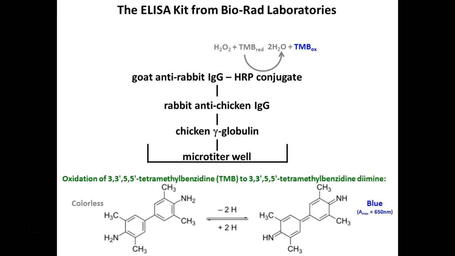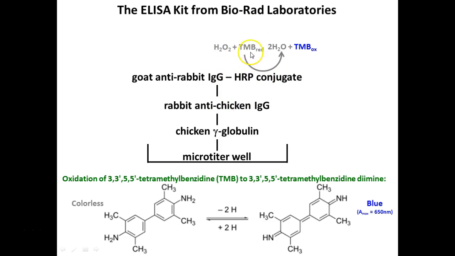Okay, so the actual reagents we're using: we're using a chicken antibody, and then they injected those chicken antibodies into a rabbit. So a rabbit actually made antibodies against the chicken, and then they took the rabbit antibodies and put them into a goat. So we're using goat anti-rabbit that has the enzyme conjugated, linked to it.